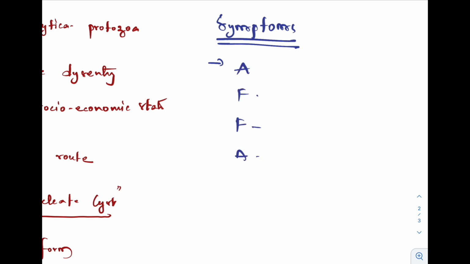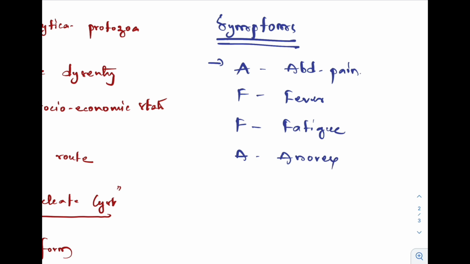So now we should see one of the most important aspects, that is symptoms. Let's see what symptoms will be present in patients of amoebic liver abscess. The symptoms can be remembered by a mnemonic called AFFA. The first A is abdominal pain, the F is fever, the next F is fatigue, and the last A is anorexia.